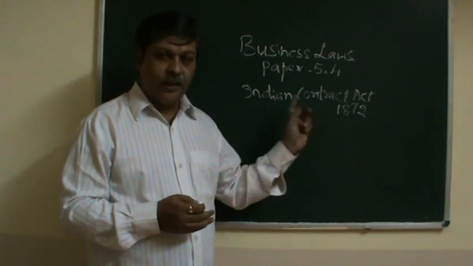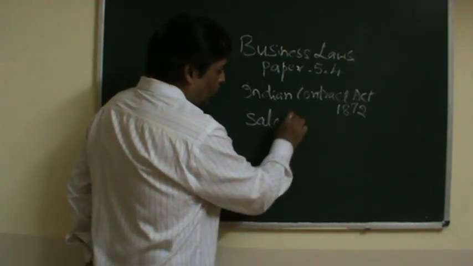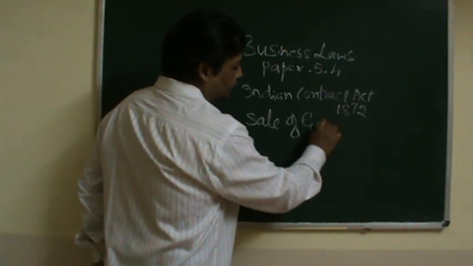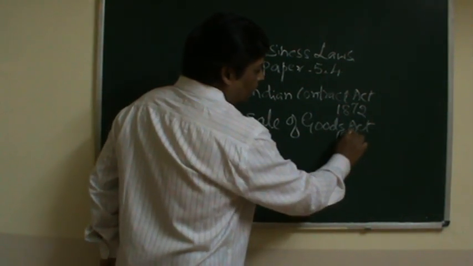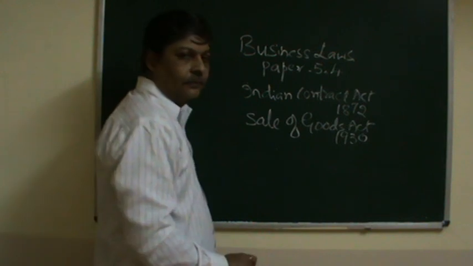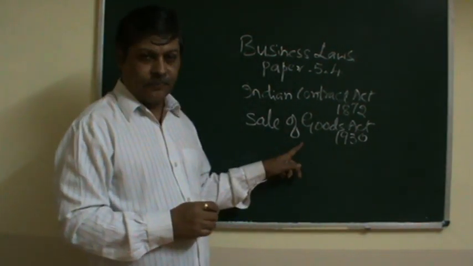The second one is the Sale of Goods Act, 1930.